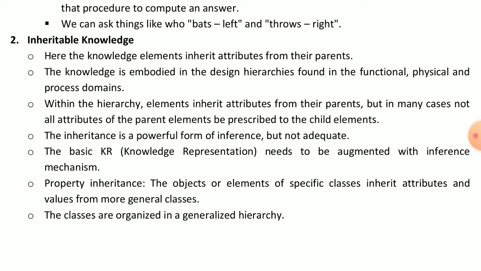Then the property of inheritance: the objects or elements of specific classes inherit attributes and values from more general classes. Here we can use some objects and their elements, and then find out their attributes.